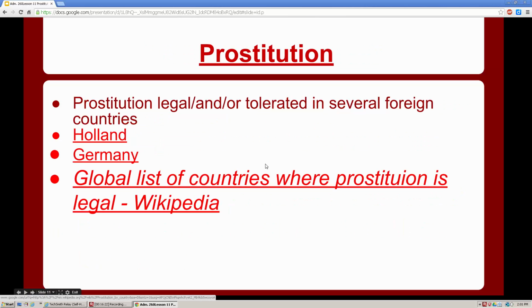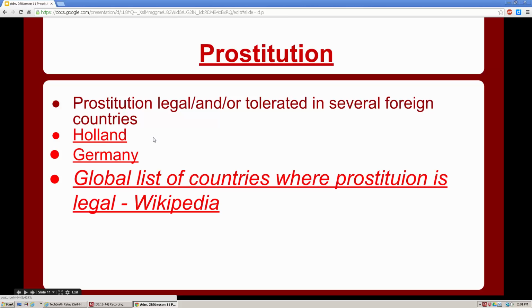Okay, got another link up here for prostitution. It's I believe a YouTube video, but prostitution's legal in several countries nowadays. Holland and Germany both have legalized prostitution. If you click on these links, it'll give you two YouTube presentations.